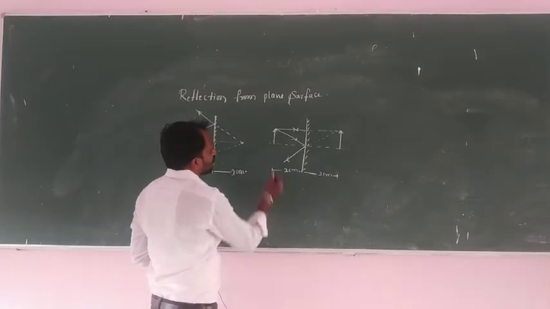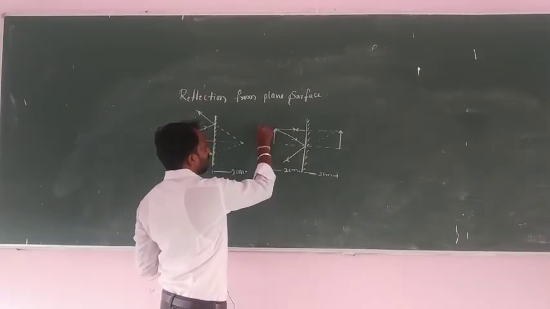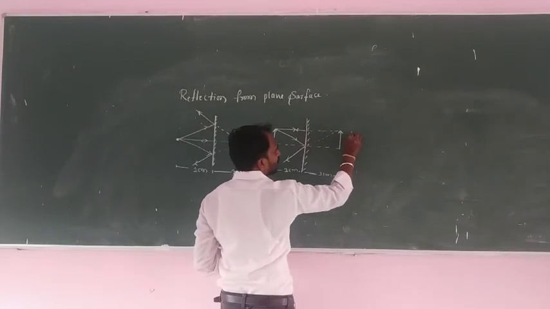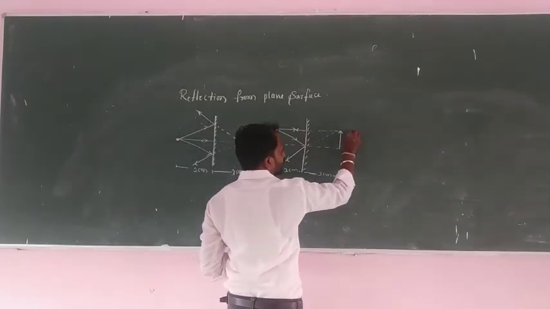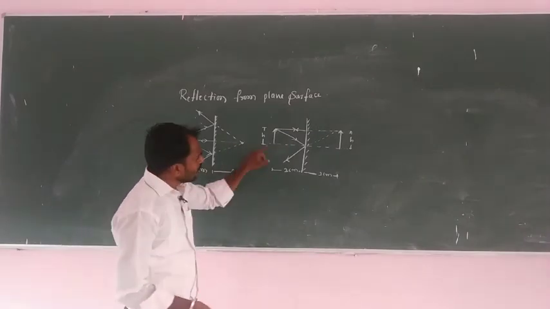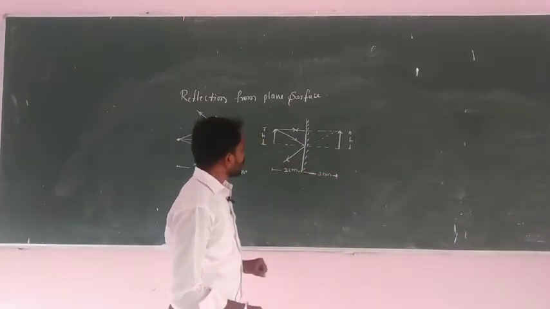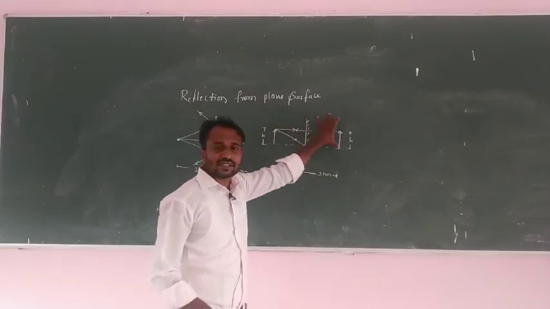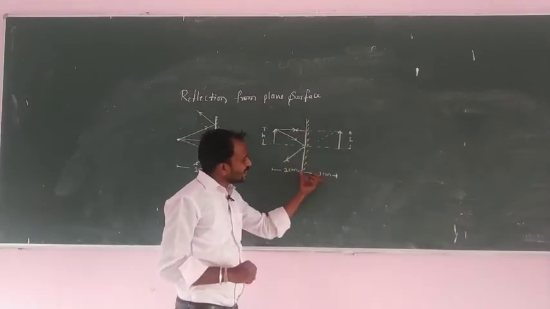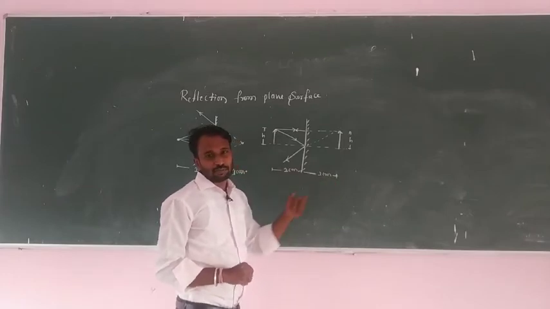And here the size, it means the height of the image, we consider h, and here also we get this height h. So this one is object and image. The size of object is equal to the size of image, and the distance of object is equal to the distance of image.